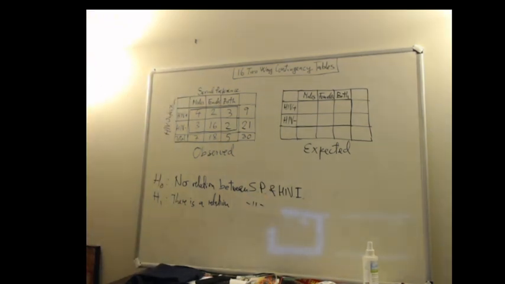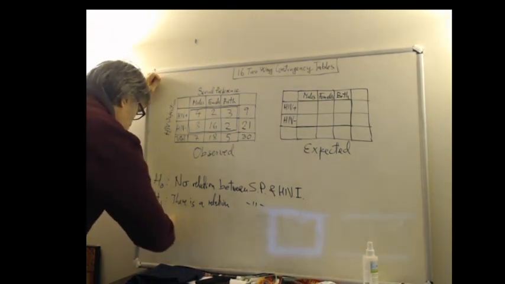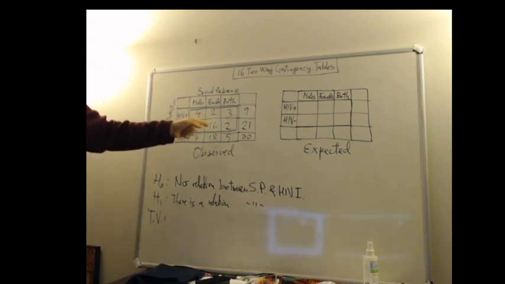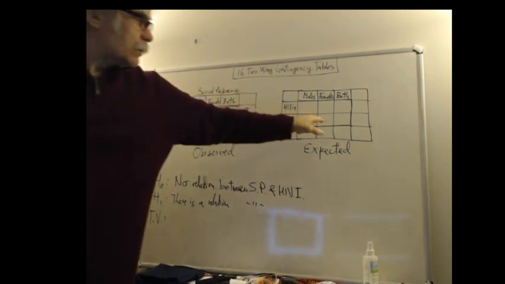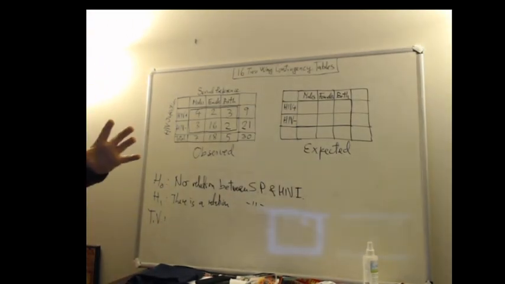Very simple stuff, right? The test value will be the chi-square value calculated again. I need to have the observed value, like 16, minus something here, that should be the expected value, square that, and divide it by the expected value.